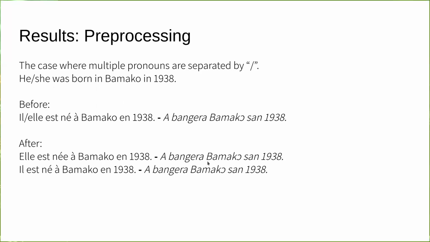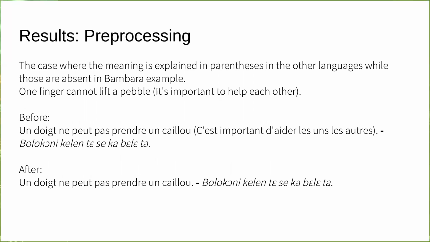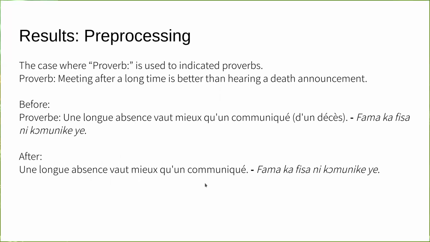We also dealt with cases like "one finger cannot lift a stone", where there is an explanation in parentheses to help convey the meaning of what it means. So we take out the parentheses and we remain with only the literal meaning of the sentence.